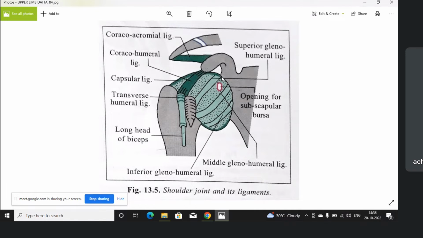Okay. Next, third one, inferior glenohumeral ligament. Above it is attached to the lower part of the anterior margin of the glenoid cavity.